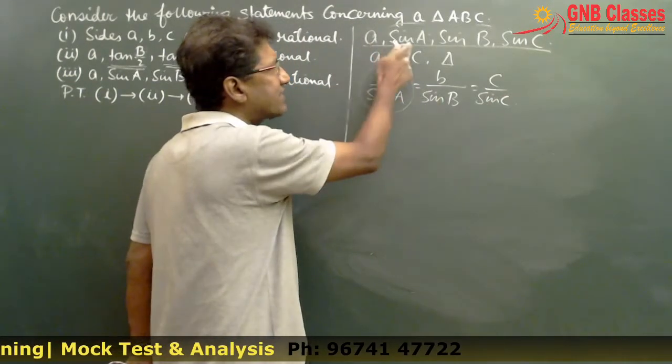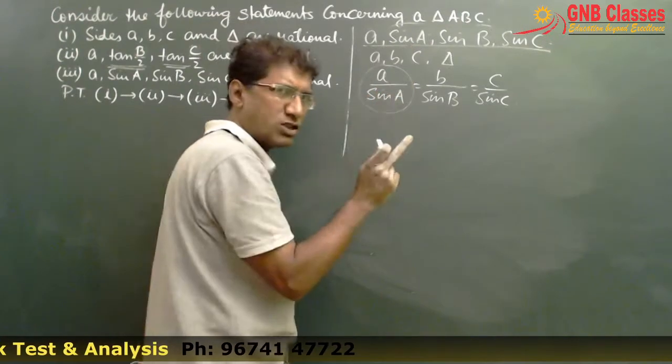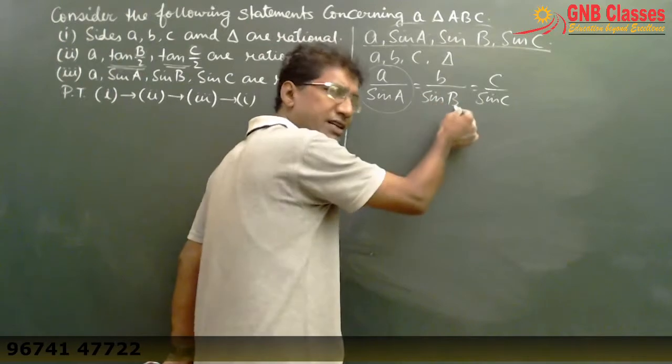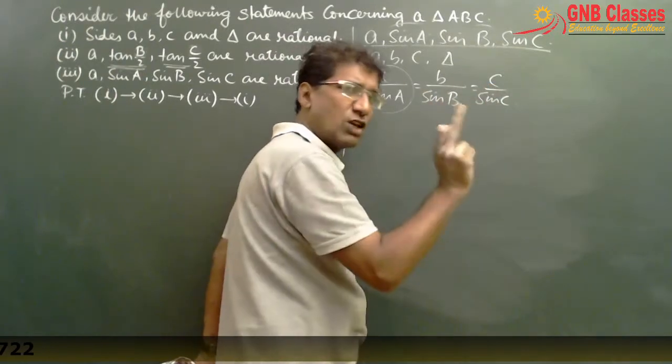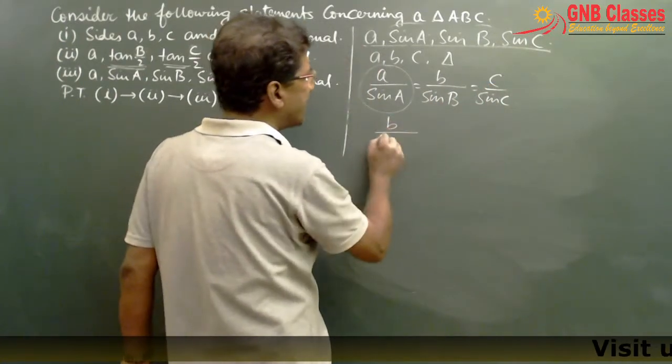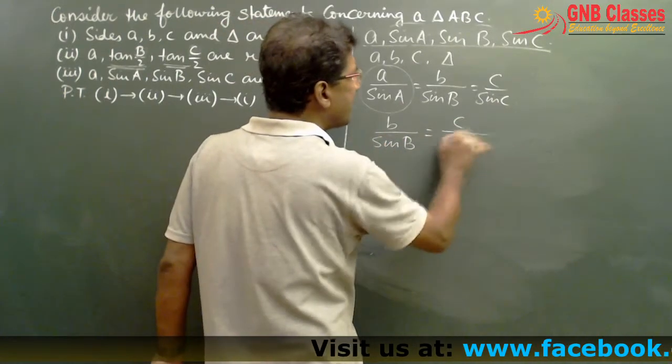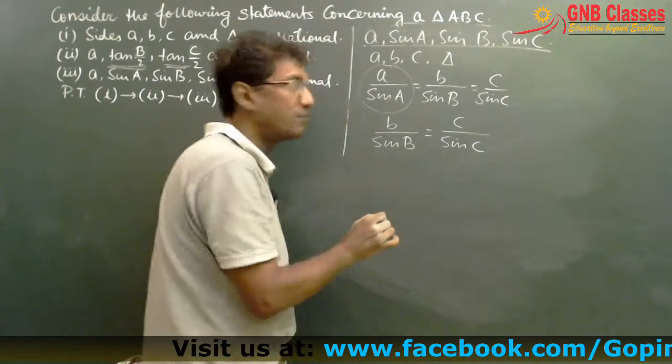Why? Because a is rational and sine A is rational. It means b by sine B is also rational, and c by sine C is also rational.